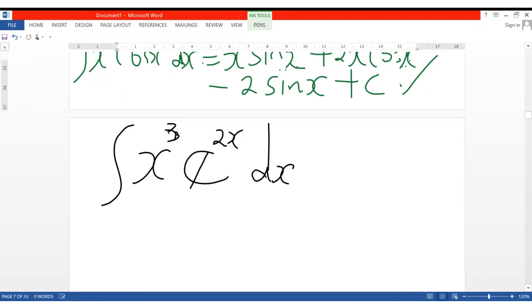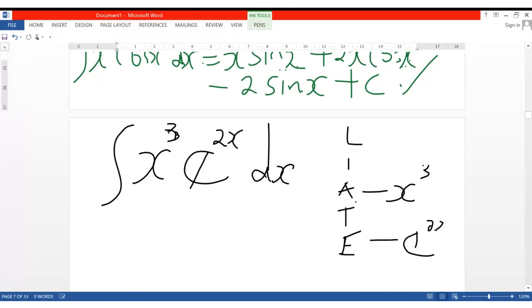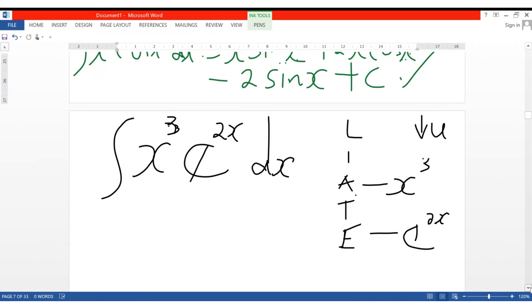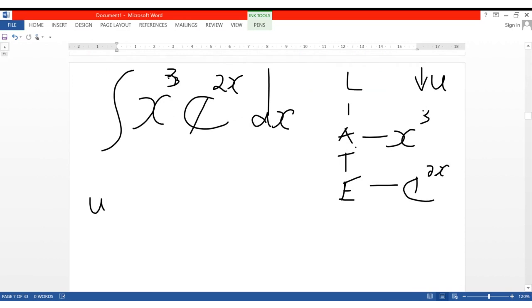So this one again, if I use LIATE, you're able to see this one is x to power 3, and then exponential will come here. So if I start from up, my u is x to power 3, the first function that I get. So u equals x to power 3, and then my dv will be given by exponential 2x dx, whatever is remaining.